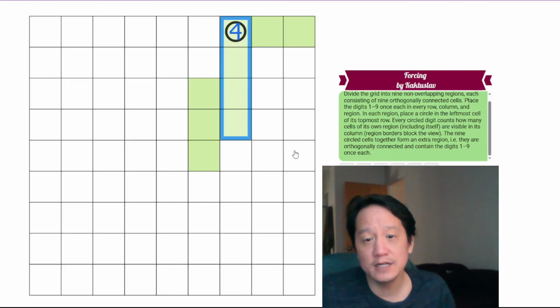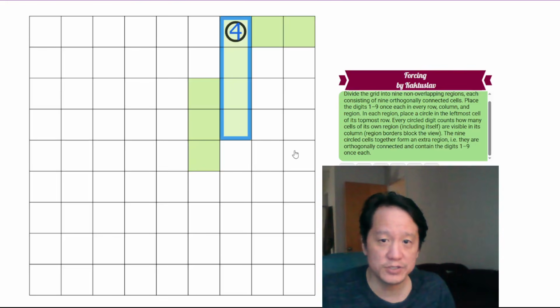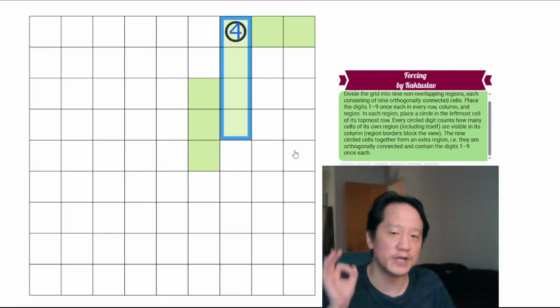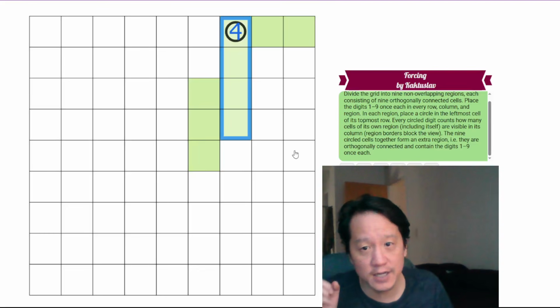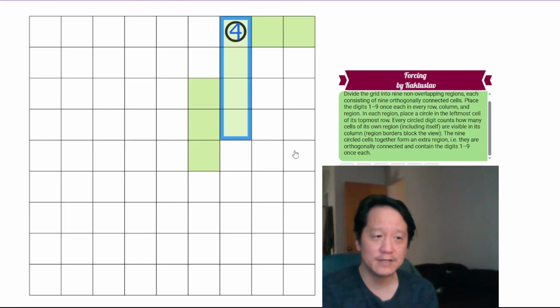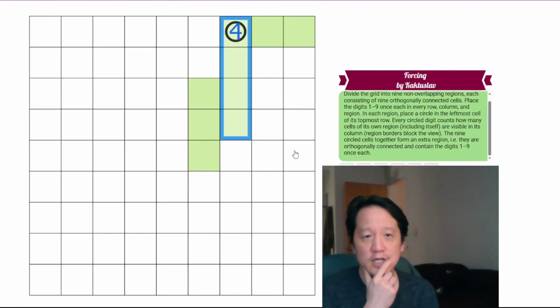The 9 circled cells together form an extra region. That is, they are orthogonally connected and contain the digits 1 through 9 once each. That is interesting.